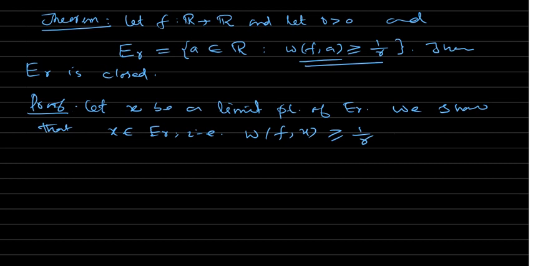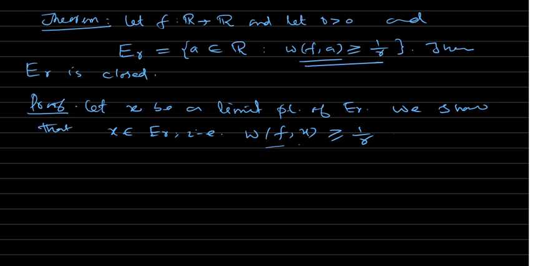So for this, if we prove the oscillation of f over any interval J containing x is greater or equal to 1 by R, then the oscillation of f at x must also be greater or equal to 1 by R, because the oscillation of f at x is the GLB of such numbers.